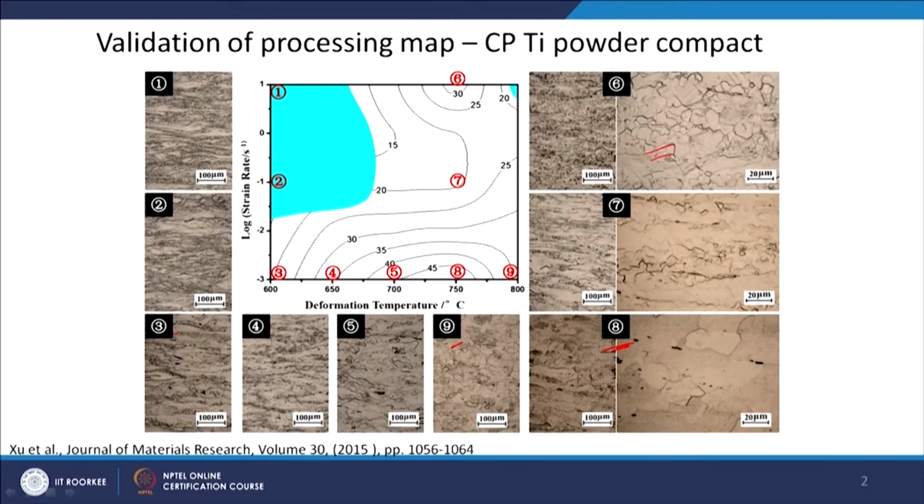So, this 1 and 2 you can see some kind of flow localization, whereas other cases you can see relatively nicer microstructure. So, this work was done in commercially pure titanium powder compact. So, powder was sintered, compacted, and then the deformation was performed on this powder compact, and from there these microstructures have been generated.